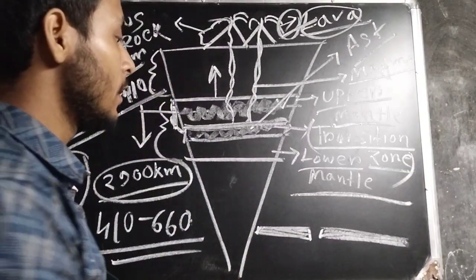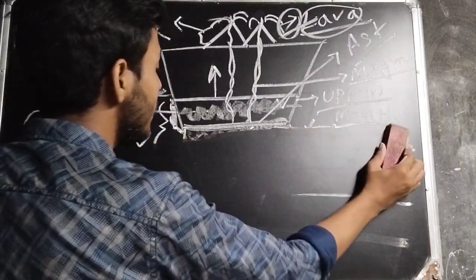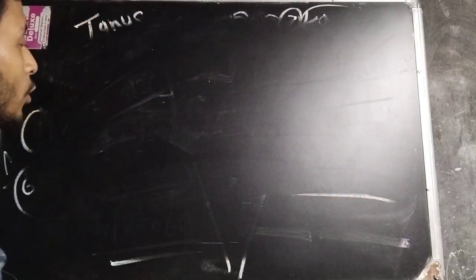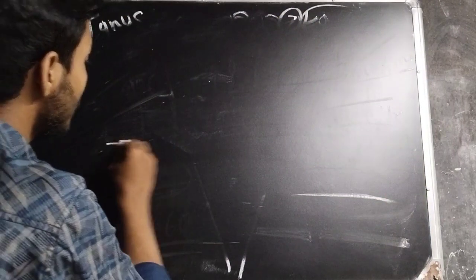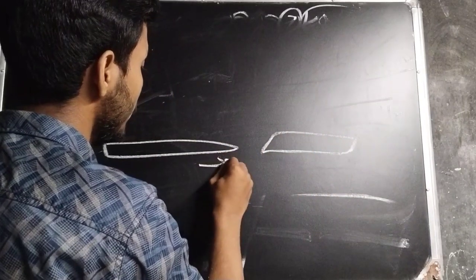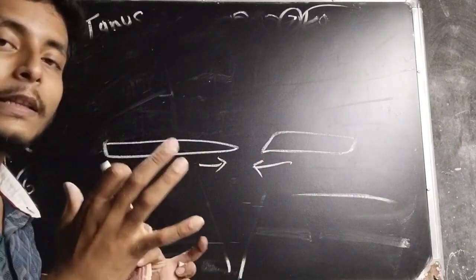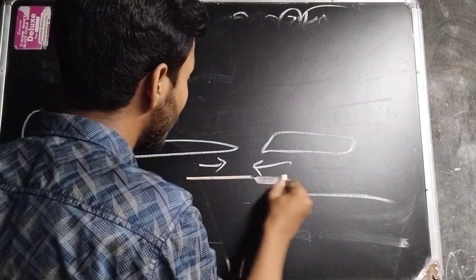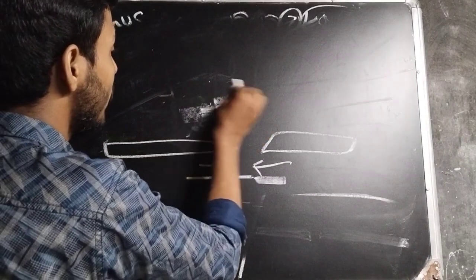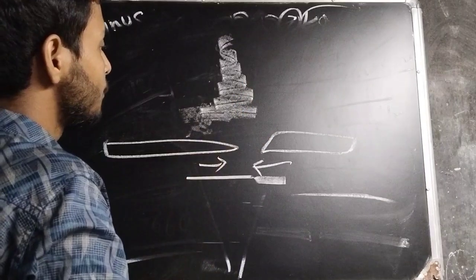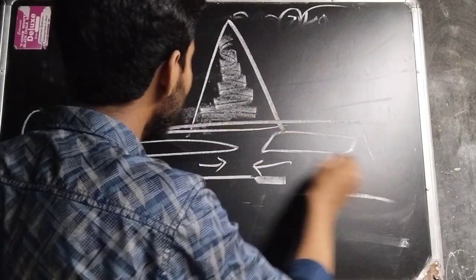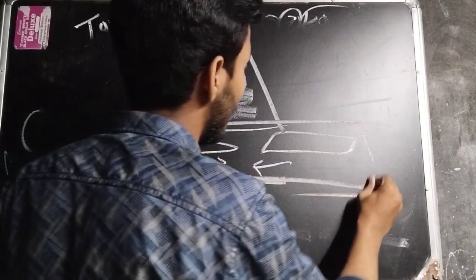When two plates collide with each other, the ground bends and makes a mountain.